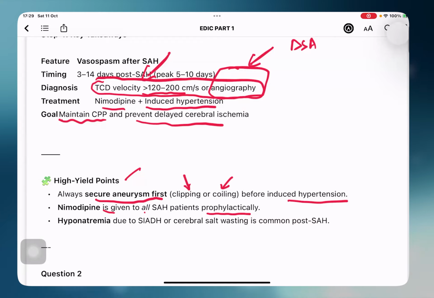But then you have to get rid of the blocked EVD and immediately give hyperosmolar therapy in the form of mannitol or 3% saline. And sometimes, as an intensivist, if you know the landmarks, you can put in a needle and do an evacuation from the ventricle. That you can do.